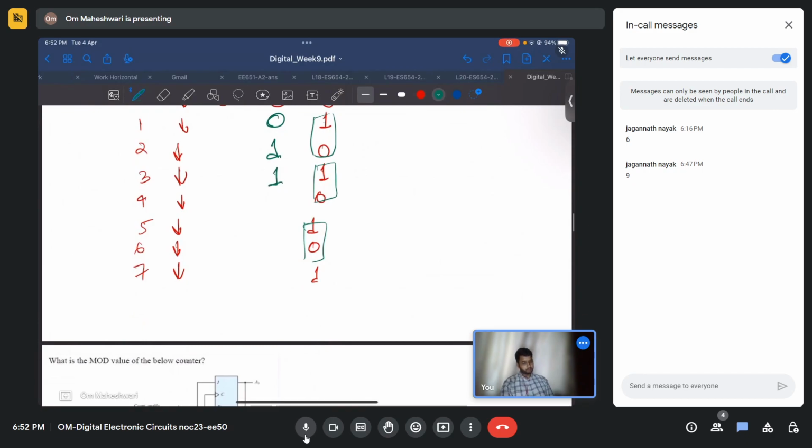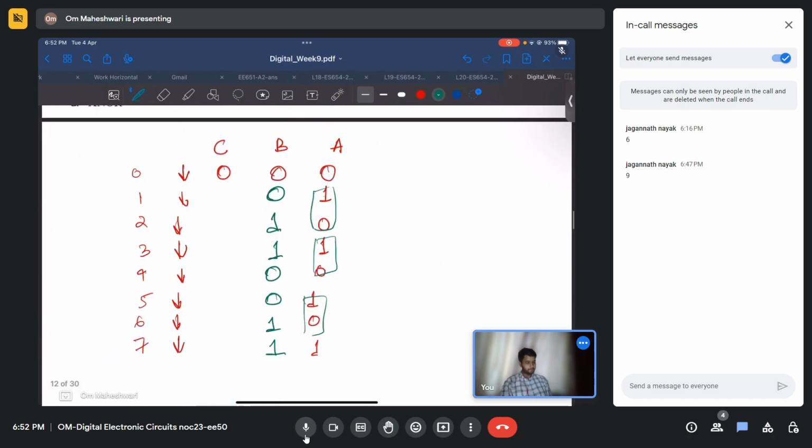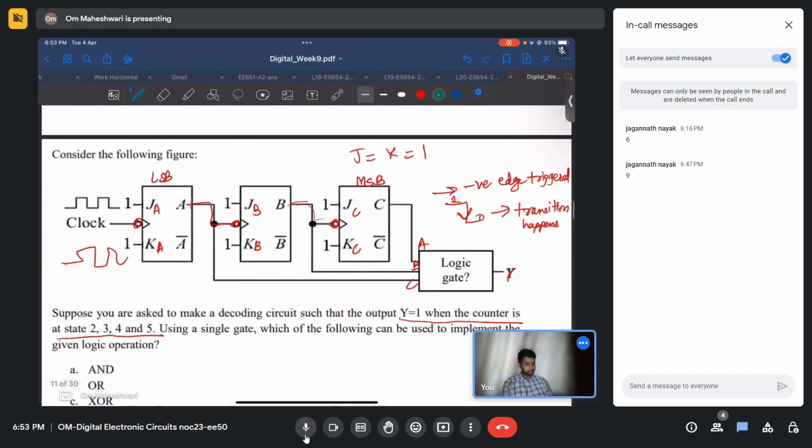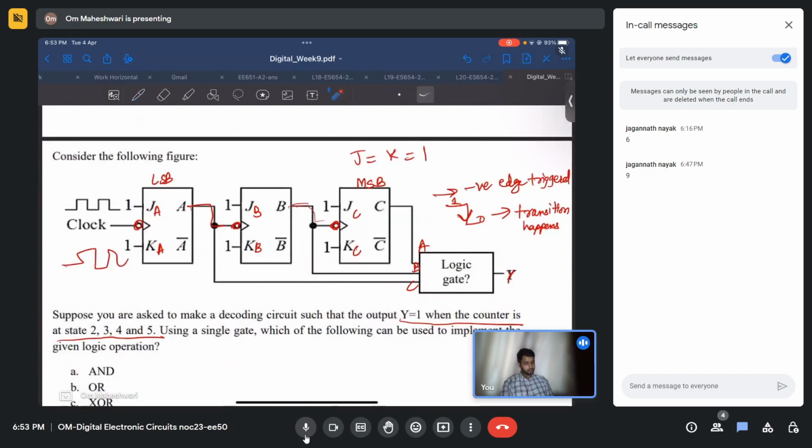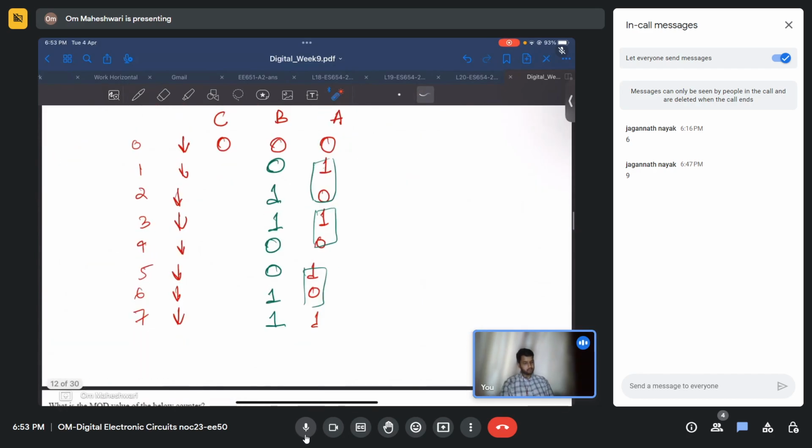Similarly, whenever B goes from 1 to 0, C will flip. B goes from 1 to 0 only once, so C will remain 0 till here.